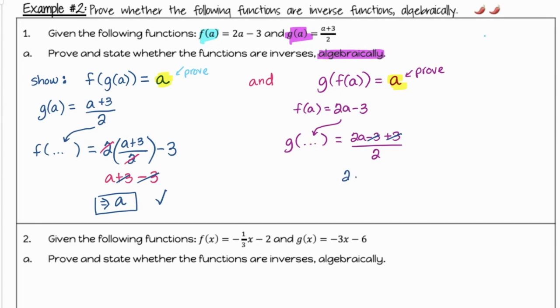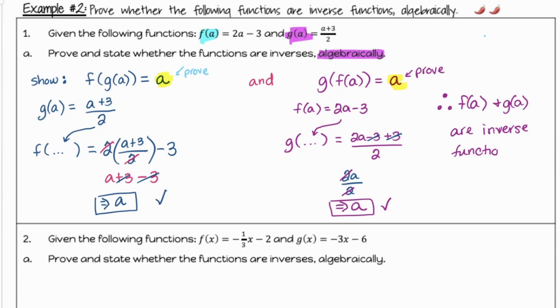So I'm left with 2a over 2. I can get rid of the 2's, divide by 2, and I'm able to show that A. Super good. Since I'm able to prove both of these compositions, I can conclude that f of a and g of a are inverse functions.